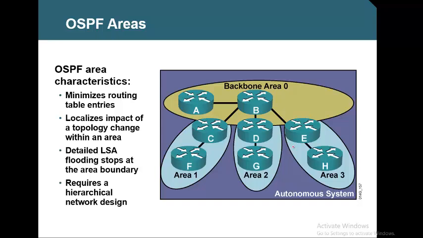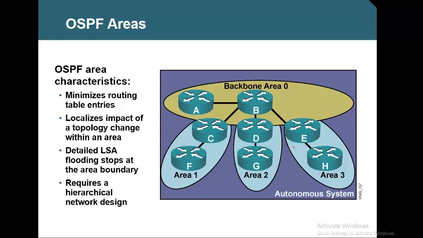Very rarely they may talk. So when such networks fail, there is no point in advertising to the entire autonomous system. Giving it to the members of the same area is enough. This is achieved because you have areas and you summarize on C. As a result, the small change on router F is not flooded everywhere. That is what the third point says: the detailed LSA flooding stops at the area boundary.